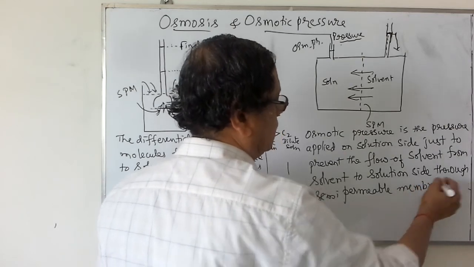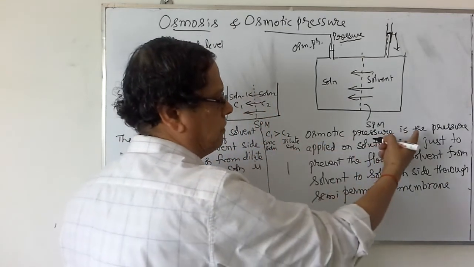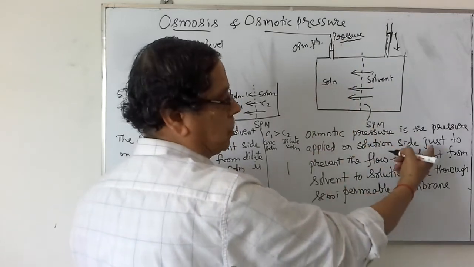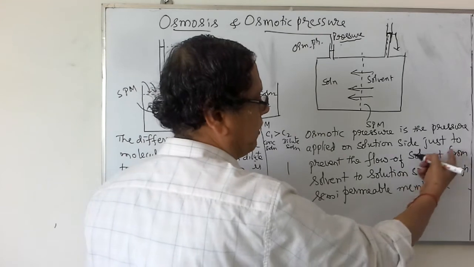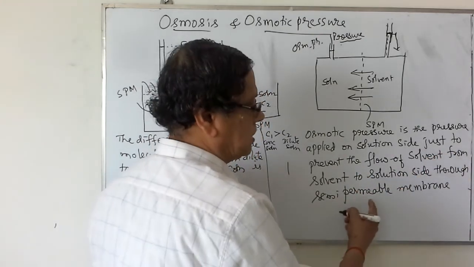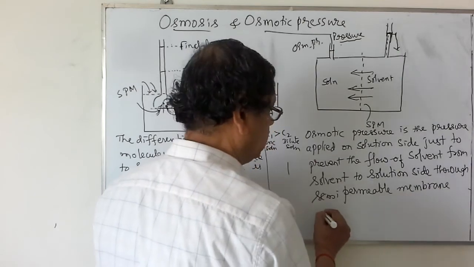I will repeat. Osmotic pressure is the pressure applied on solution side just to prevent the flow of solvent from solvent to solution side through semi-permeable membrane.